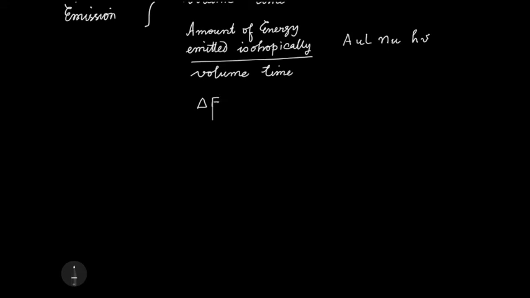Now let me go to a little bit more abstract notation. The amount of energy emitted isotropically, which I write with delta E, per unit time per unit volume.